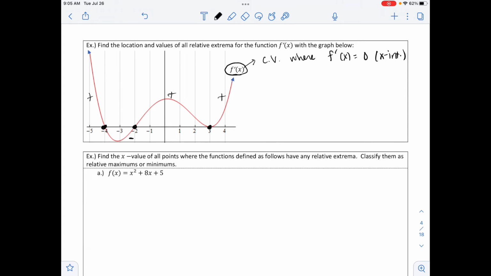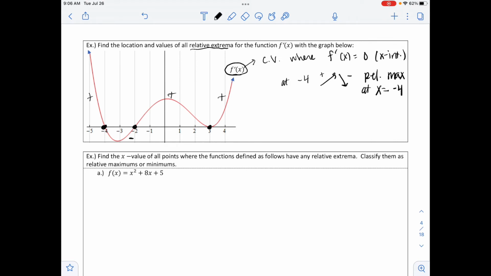And so it wants to know where our function has any relative extrema. And so if you notice, the first critical value that we have is at -4. And at -4, it goes from positive slope to negative slope. And so that means that we would have a relative max at x equals -4.